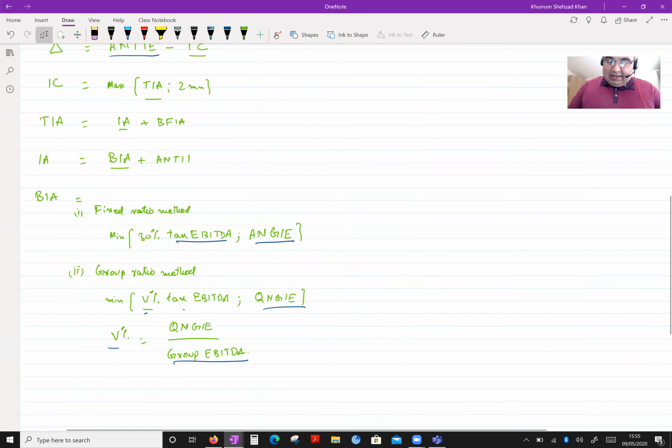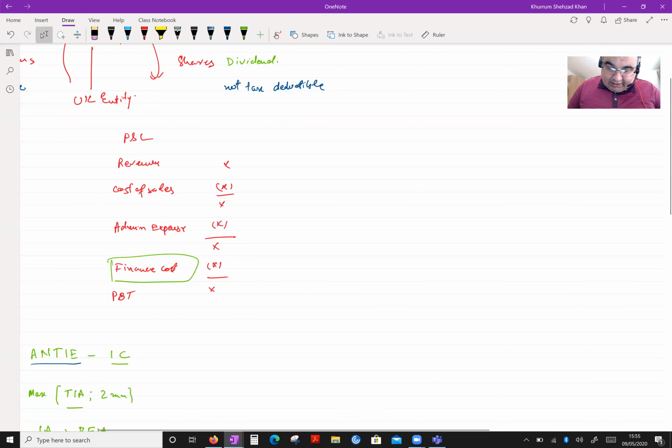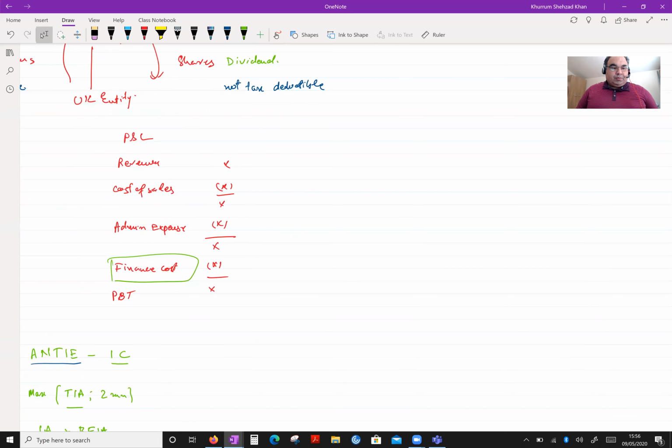As we have seen, I showed you the P&L. Whenever banks give loans to a company, what are the basic criteria for how much they are going to give? They will ask how much you are earning and how much power you have to pay back interest. So they look at two different equations.